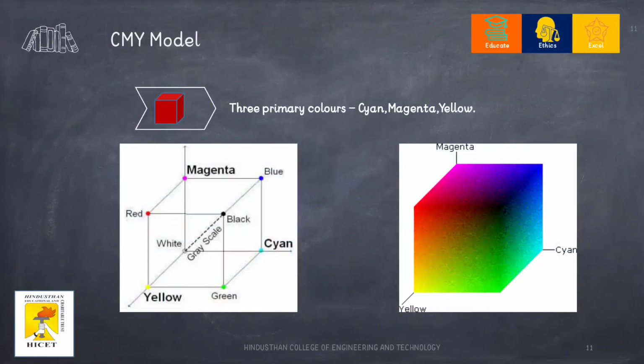This is the color cube where we can see that the x-axis is represented by cyan, y-axis by magenta and z-axis by yellow. When we combine yellow and magenta, you can see that we get red.